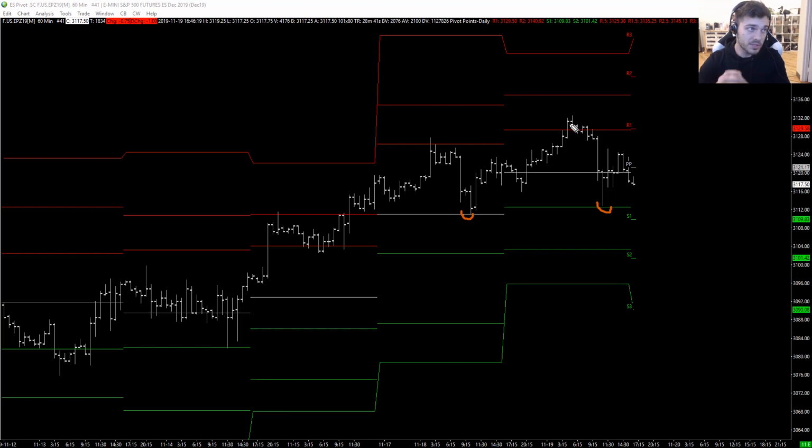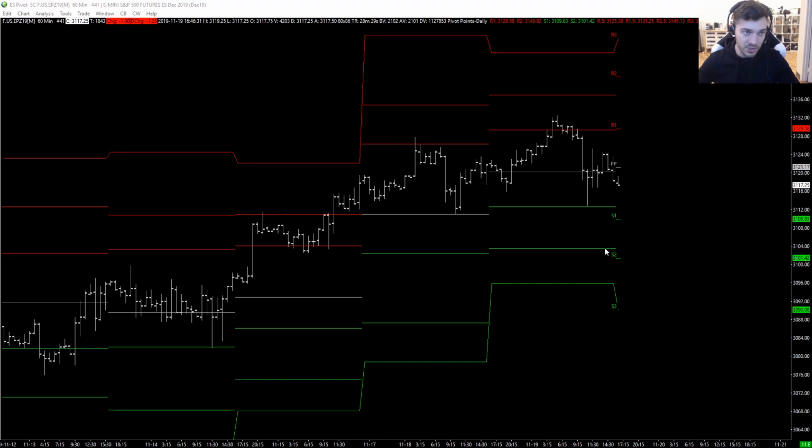Pivot points can be a really strong advantage to traders that know how to use them in addition to a set of other variables in their trading plan. Again, not to be used as a sole strategy. This is to be used in conjunction with other indicators, price action tools, whatever it may be that you're using to go forward.